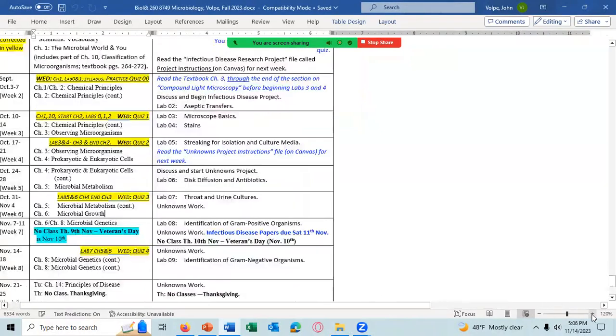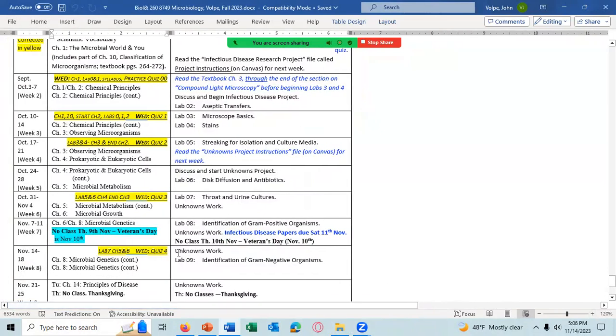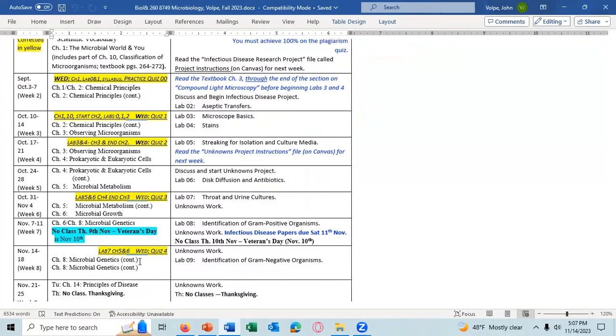So today is November 14th, and we should be already in chapter 8, but we're just going to be starting chapter 8. Let me warn you that there's a quiz this week on Wednesday. There will be quiz 4. It'll cover lab 7 and chapters 5 and 6 of the lecture. Any question about any of that? Nope.